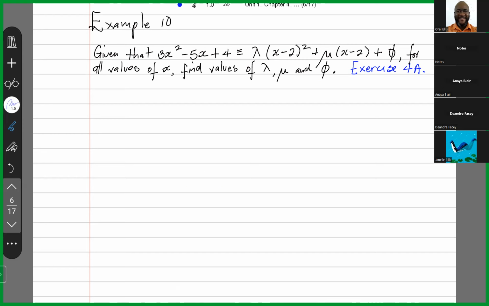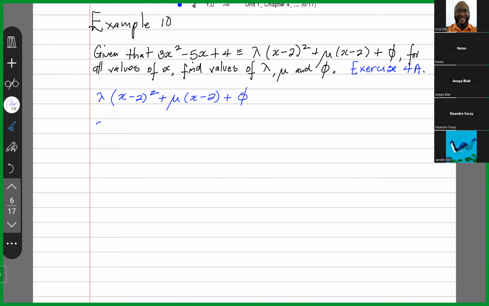So get used to them from now. You'll probably see them a lot. Now, for all values of x, we're to find the values of lambda, mu, and phi. All right, so let's work out what the right-hand side works out to. So we have lambda into (x minus 2) squared plus mu (x minus 2) plus phi.